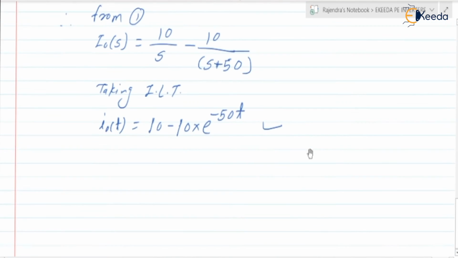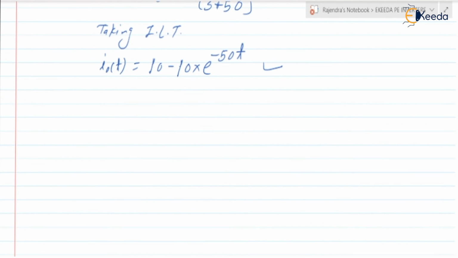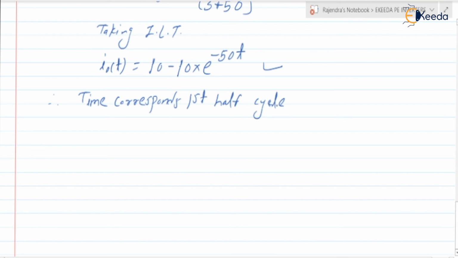Therefore, time corresponding to the first half cycle is equal to T by 2, is equal to 0.02 by 2, is equal to 0.01.